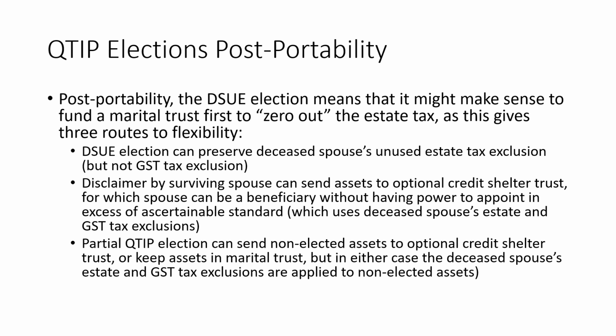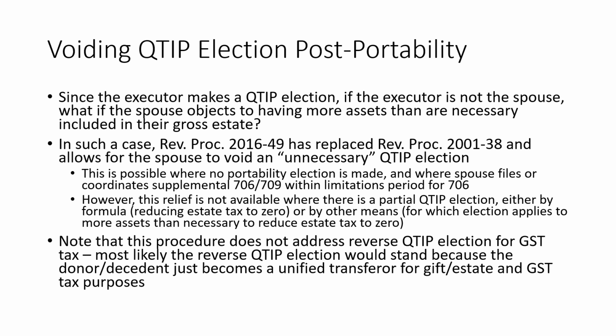So post-portability, this is kind of the most flexible tax planning structure for an estate plan, but it still hasn't fully eliminated the possibility that there's an unnecessary QTIP election in the grand scheme of things that exceeds what's necessary to zero out the estate tax on the deceased spouse's estate.